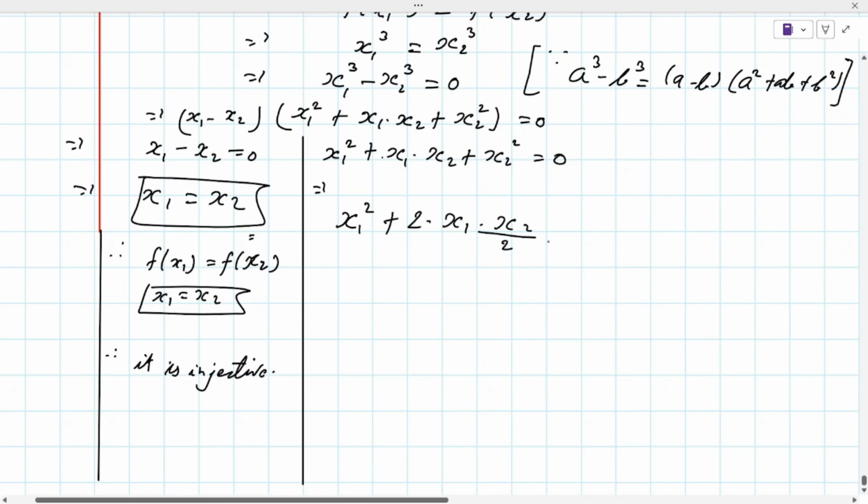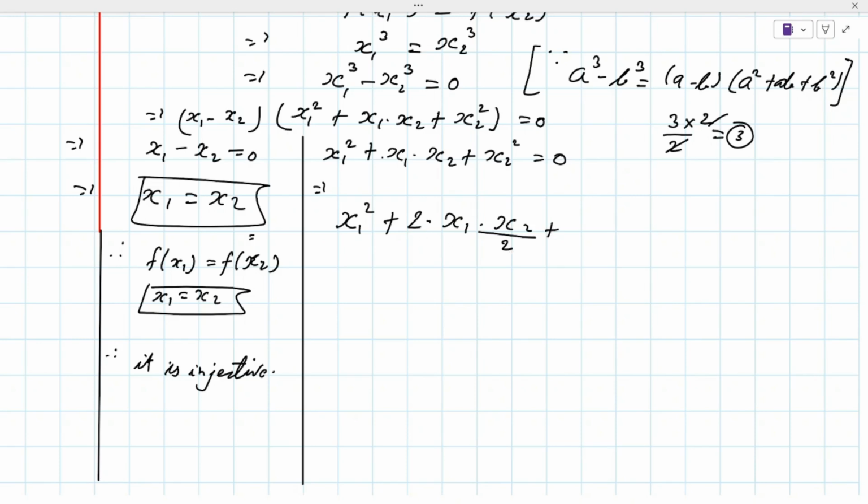Here I am multiplying by 2 and dividing by 2, so the result will be the same. Suppose it is 3, if I multiply by 2 and divide by 2, 2 cancels and it becomes 3 again.